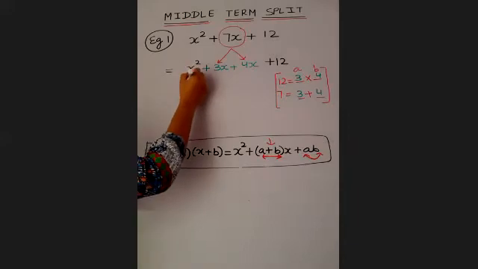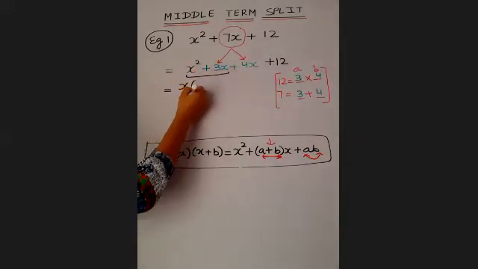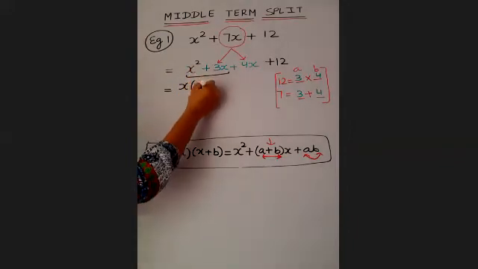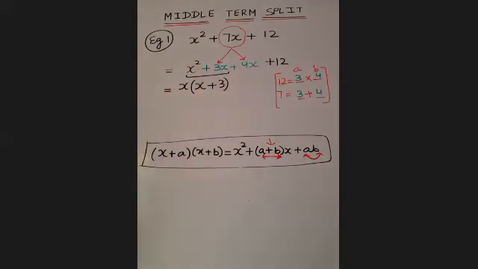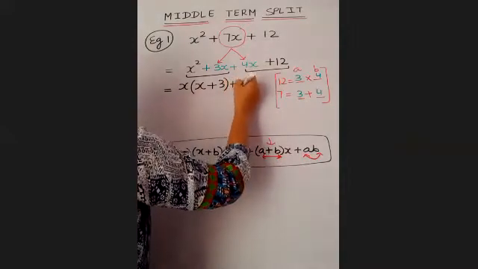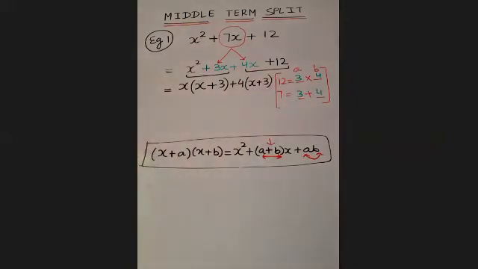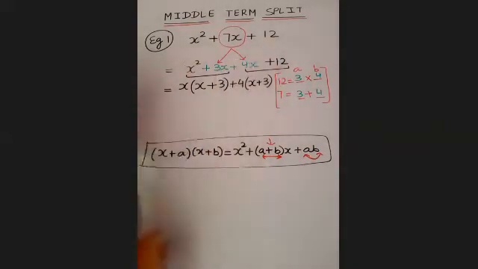Now let us take something common here. From the first two, we can take x common. When you take x common, you are left with x plus 3. From these two, 4 can be taken common, because when you open the bracket, 4 into x is 4x and 4 into 3 is 12.